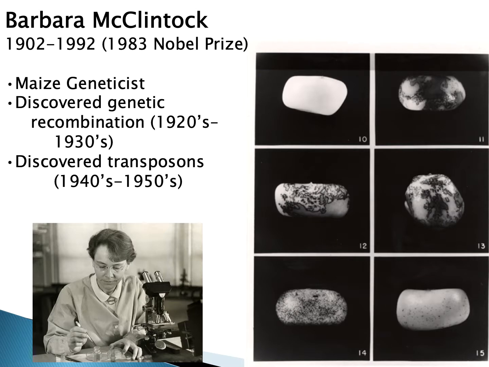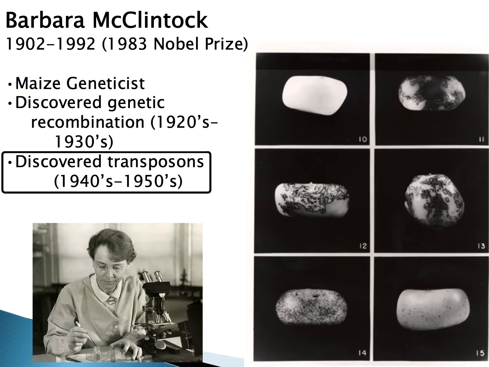In the 1920s and 30s, genetic recombination was discovered, and one of the main people who discovered major aspects of genetic recombination was Barbara McClintock. She studied recombination in maize, so she did genetic crosses in maize, and then looked at the outcome both cytologically and morphologically.